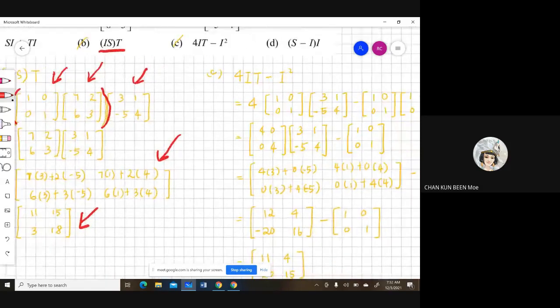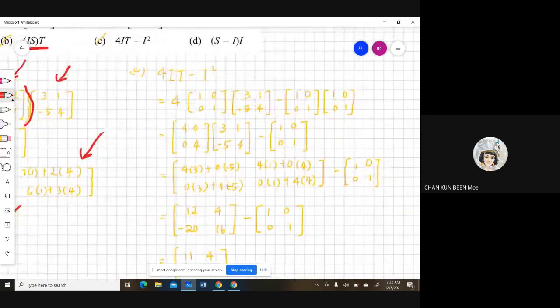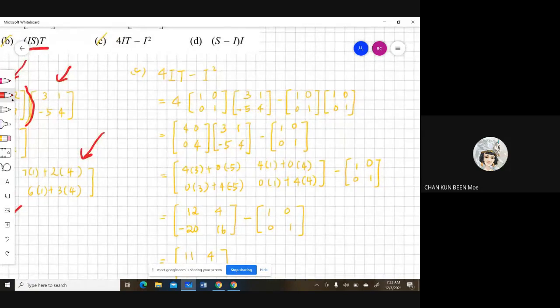Then you look for C. C is 4IT minus I squared. So the I here, you know that it is an identity matrix. So you copy down everything: 4 times identity matrix multiplied by matrix T minus the identity matrix times identity matrix.